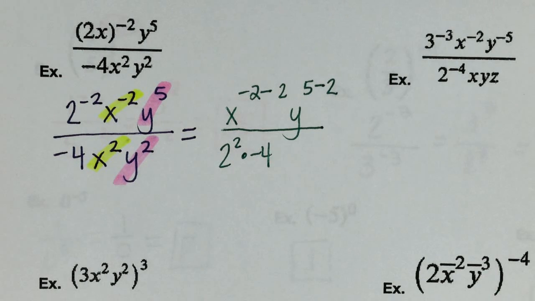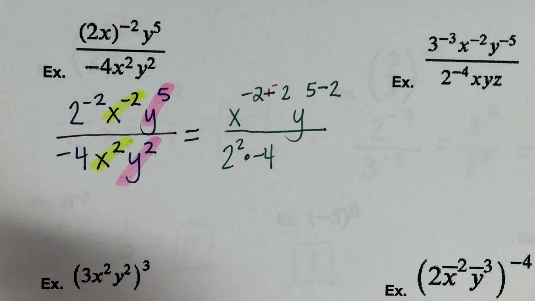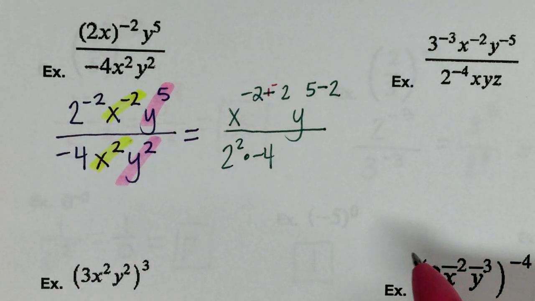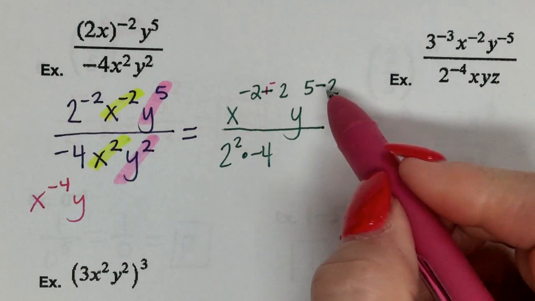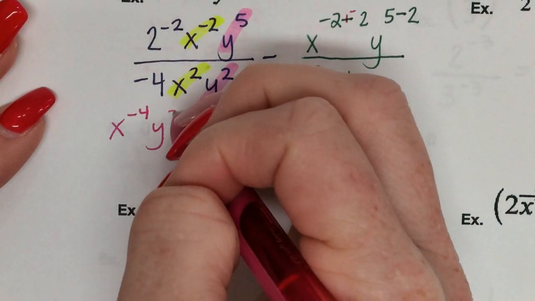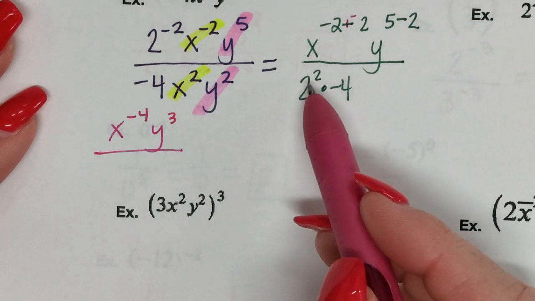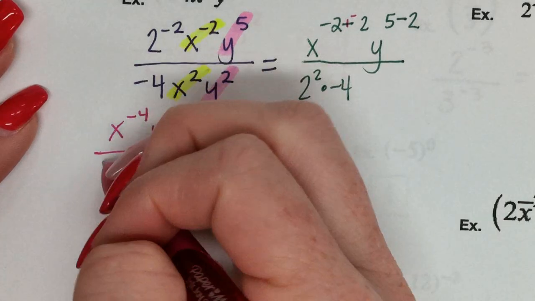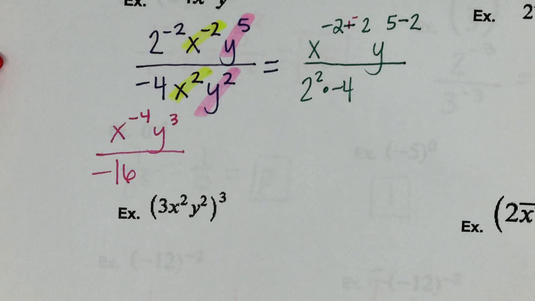Yes? Okay, what is negative 2 plus negative 2? So I have x to the negative 4. Y to the, what's 5 minus 2? 3. Over. Now question, what's 2 times 2? What's 4 times negative 4? So negative 16. And that's all I got on bottom, right?